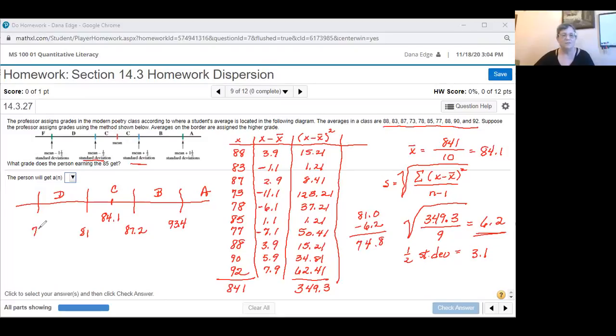So a D is going to be between a 74.8 and an 81, and below that's going to be an F. So the person who made an 85 is going to get a C in this class. Harsh, huh?